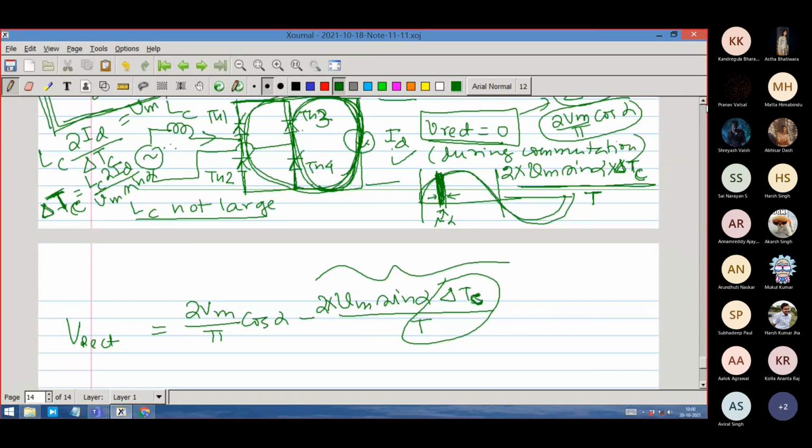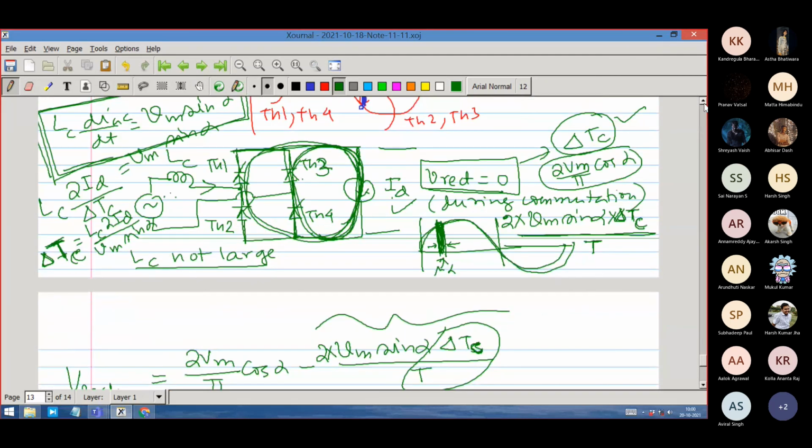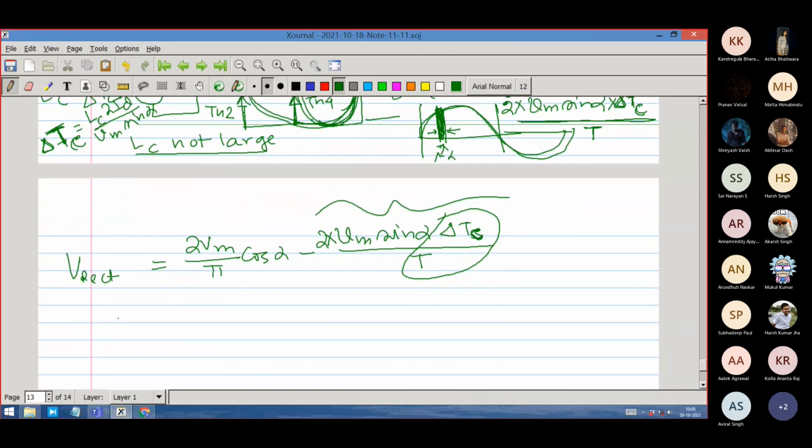Now, what is the simple expression of Tc? LC delta Tc is equal to LC 2ID by Vm sin alpha. So what is the expression then if I put it? 2Vm by pi cos alpha minus 2 into Vm sin alpha into delta Tc by T, which is 2 LC ID by Vm sin alpha.